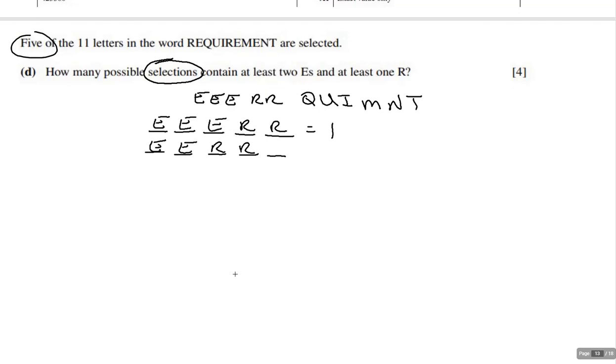So there nothing else can happen. Here, there's 2 E's and 2 R's chosen. So that means this last spot has to be filled by a non-E or a non-R. How many non-E's and non-R's do I have? 6. So what I'm going to do is I'm going to do 6, choose 1, which is going to be 6. What else would make them happy?